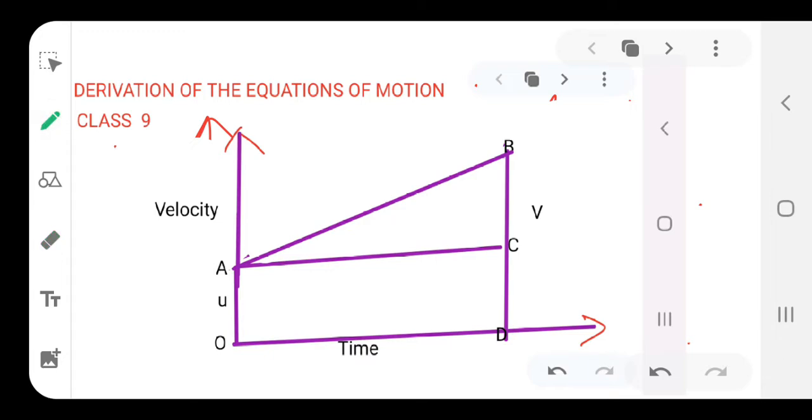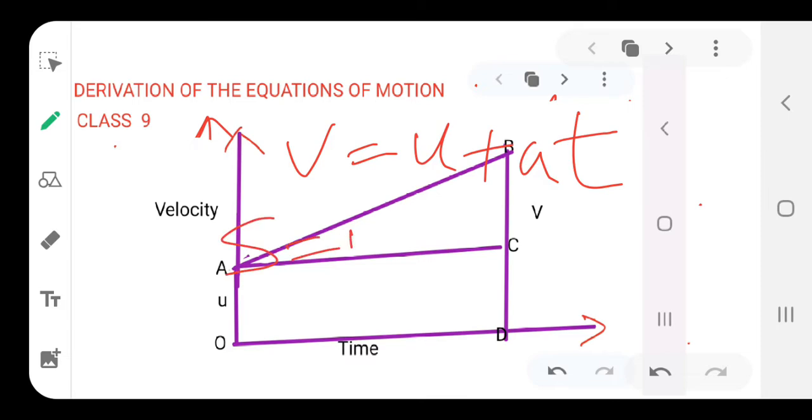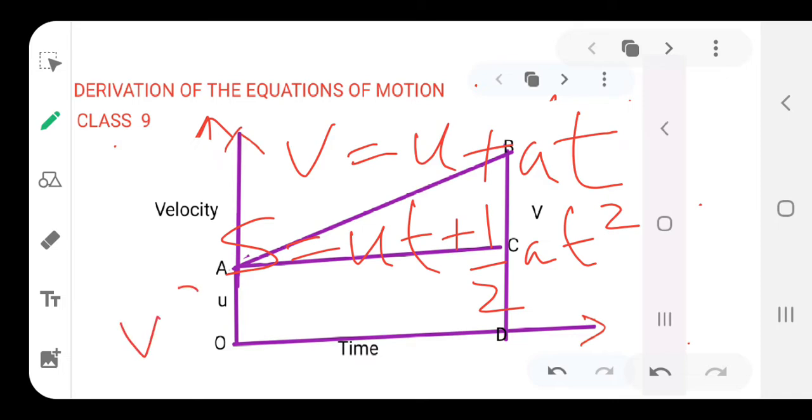I hope you know these equations. Number 1 equation of motion: v equals u plus at. Write it down side by side. Second is s equals ut plus half at square, and the third one is v square minus u square equals 2as.